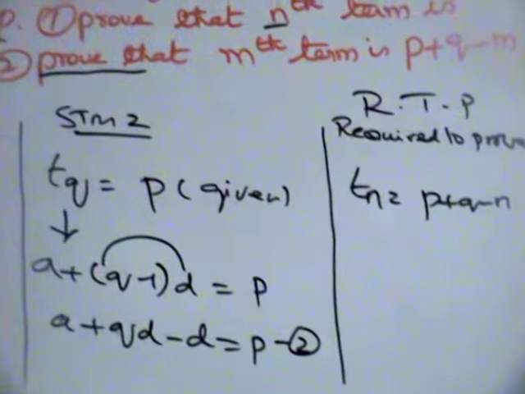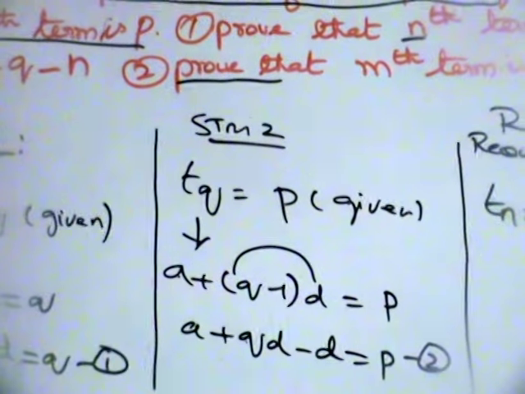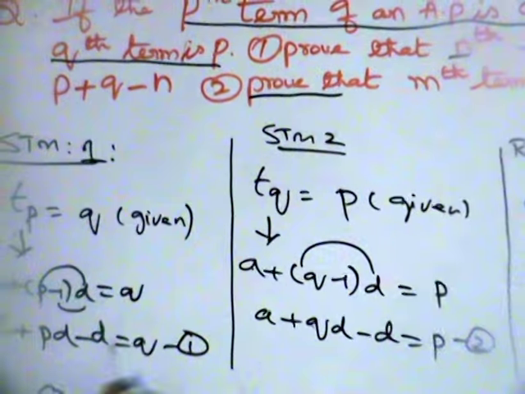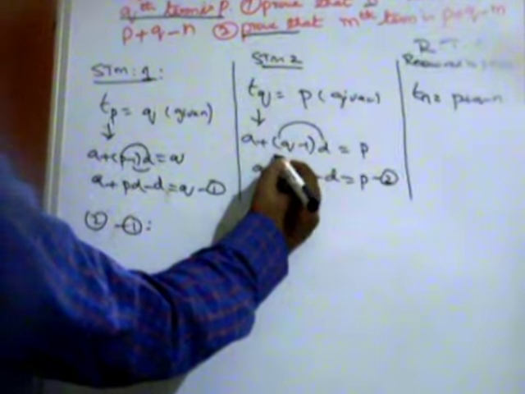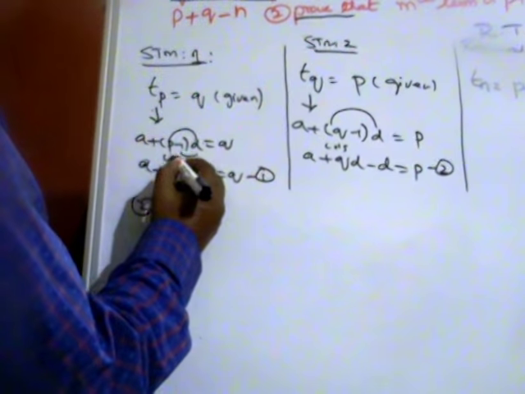Now what you do is you put equation 2 minus 1. You have to subtract equation 2 and equation 1. So first we subtract the left hand sides.